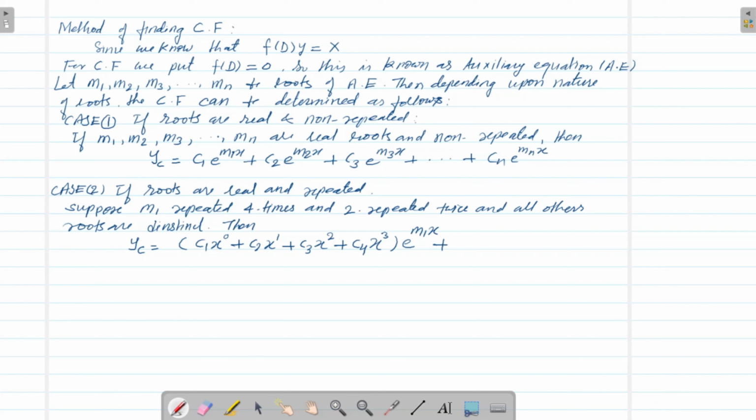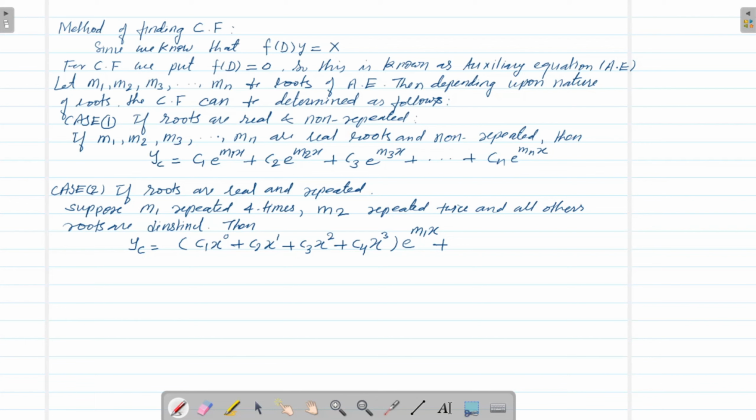Suppose m1 is repeated 4 times and m2 is repeated twice, and all other roots are distinct.